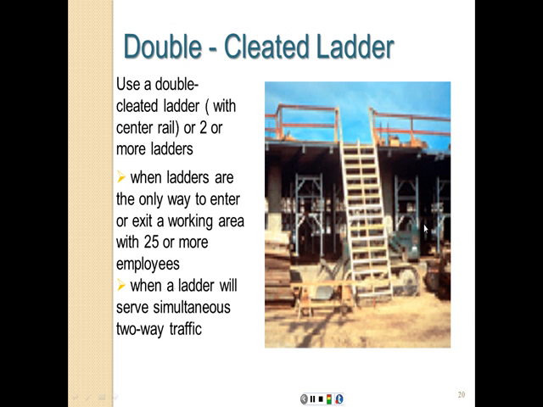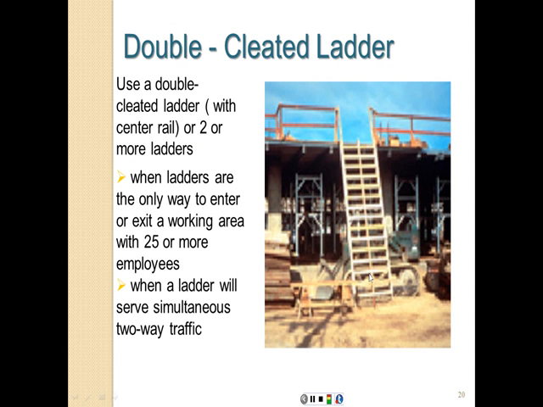On some construction sites, we're going to find some double-cleated ladders, like this one, for example. It's double-cleated. Use a double-cleated ladder with central rail, this is a central rail, or 2 or more ladders, when ladders are the only way to enter or exit a working area with 25 or more employees.